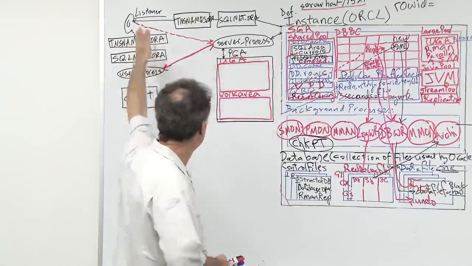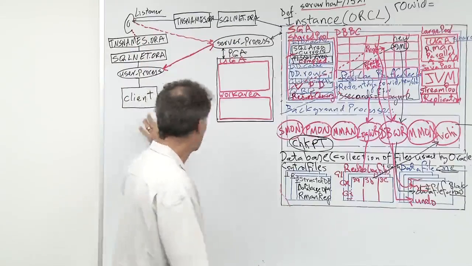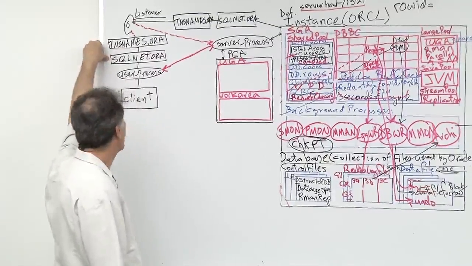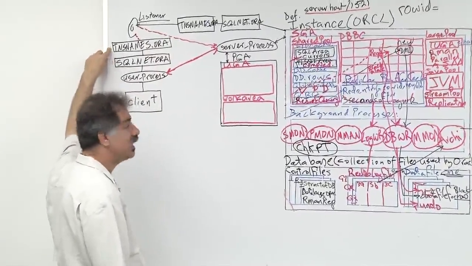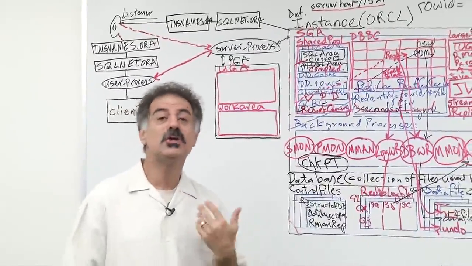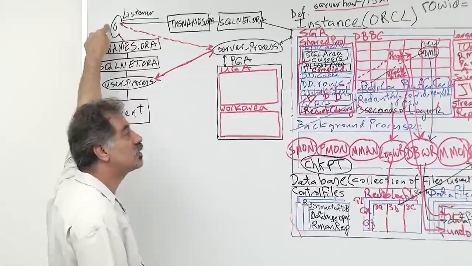To find that listener on both ends, whether the server side or the database side or the client side, we go through a sqlnet.ora that describes our network environment, and the tnsnames.ora that gives us our connect strings for each service. Okay? That will then point us to the listener.